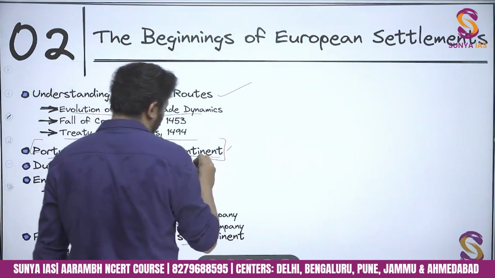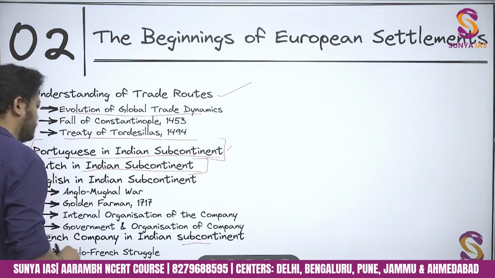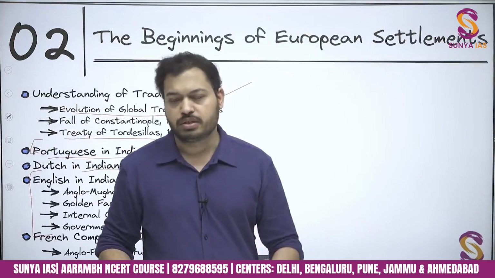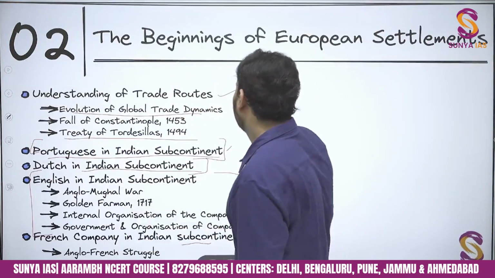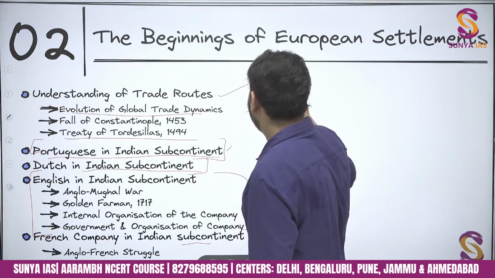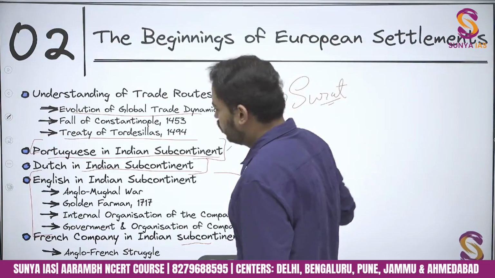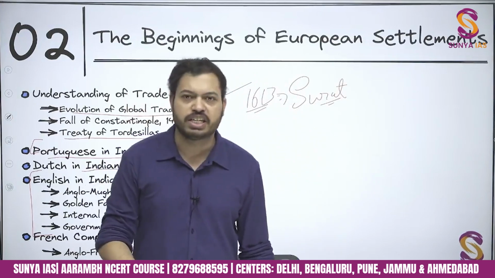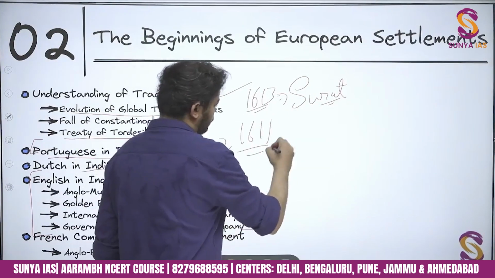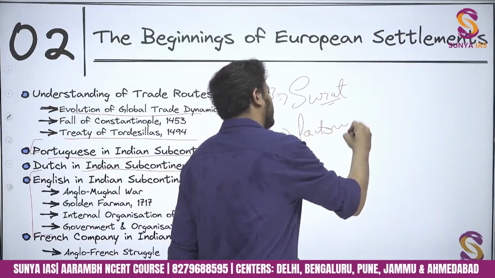The Dutch had a small role, and we have discussed that. We emphasized a lot on the English, how they started their trade, how they got the possession initially in 1613 to open a port in Surat, and then they actually opened it in 1616. Before that, in 1611, they had a factory in Machilipatnam.